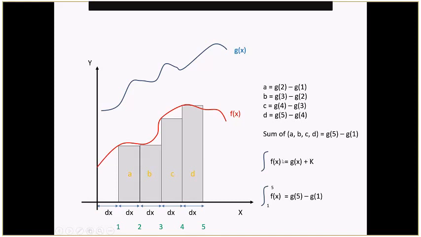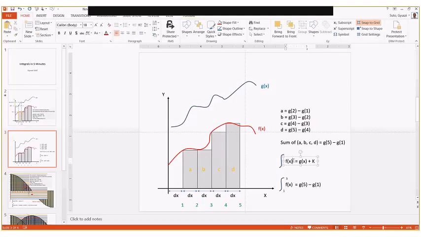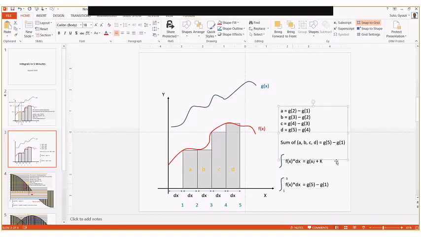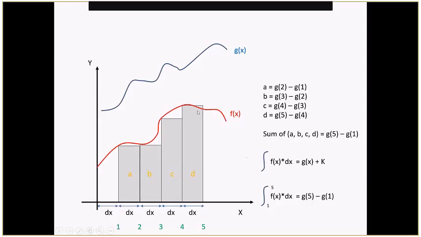And actually I left out the dx here, so this should be f of x times dx. And this is f of x times dx. Okay, so what it means is that f of x is the red line multiplied by dx.